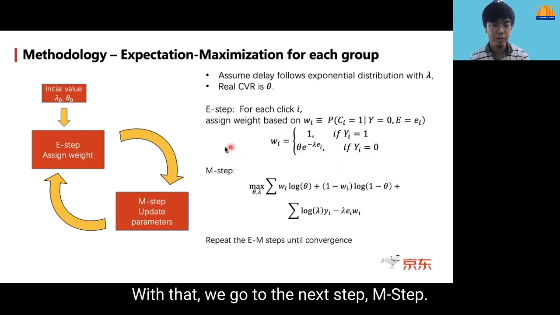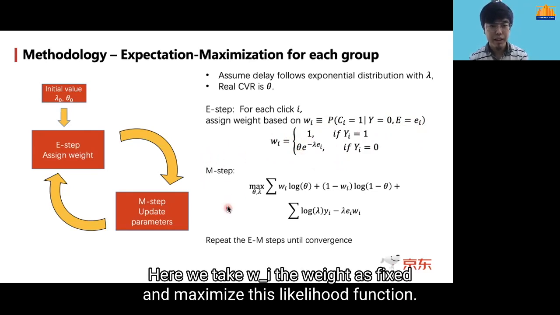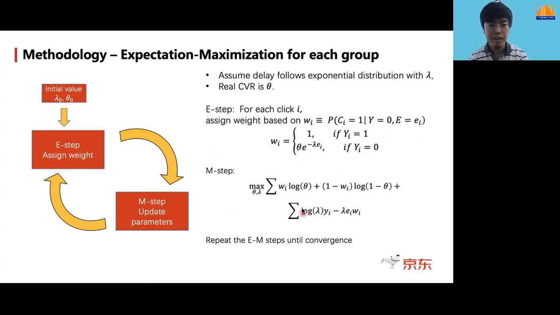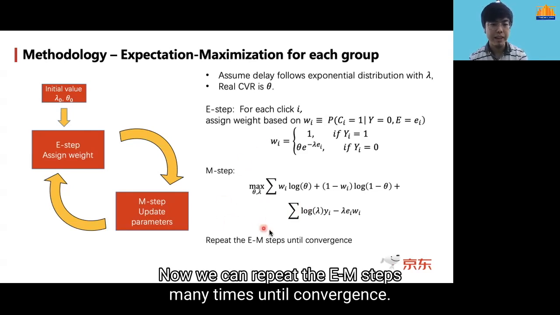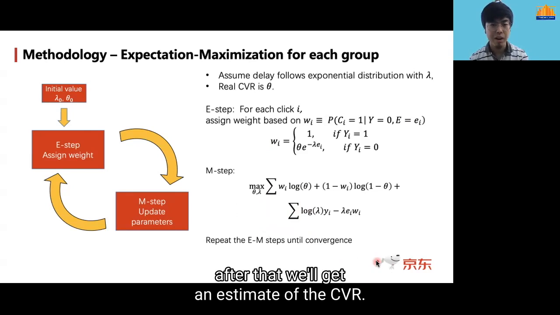With that, we go to the next step, the M step. Here we take wi, the weight, as given, and we maximize this likelihood function. This is actually very simple because it has an analytical solution. Then we can repeat the EM step many times until convergence. After that, we'll get an estimate of the CVR.